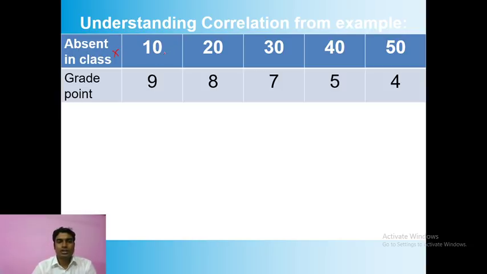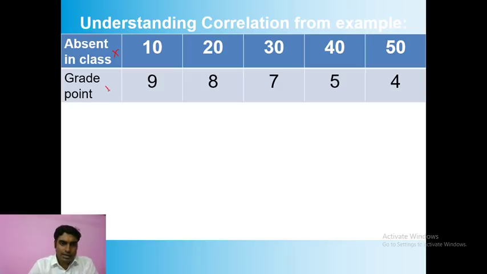If 10% absent, that student's grade point is 9, and if 20% absent, the grade point is 8, and 30% absent, the grade point is 7, and 40% absent, the grade point is 5, and the last one, 50% absent, the grade point is 4.